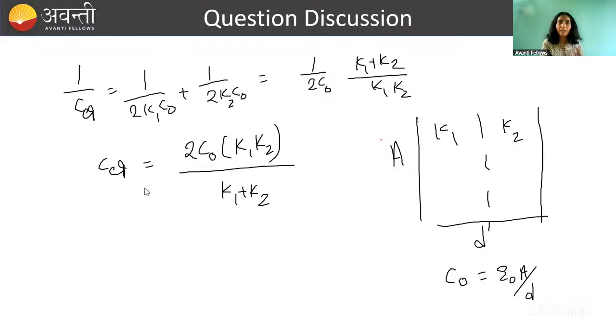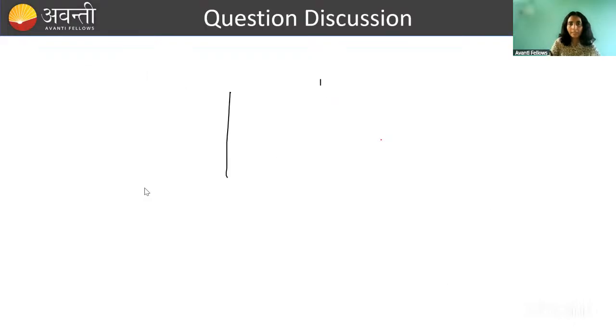So you may be asked a question like, we have added two dielectrics here. Can we replace these two dielectrics with a single dielectric such that C equivalent remains the same? So let's say we are adding a single dielectric K dash such that C equivalent remains the same.